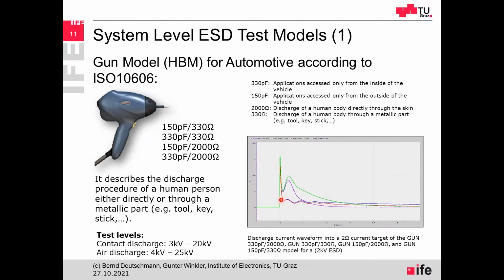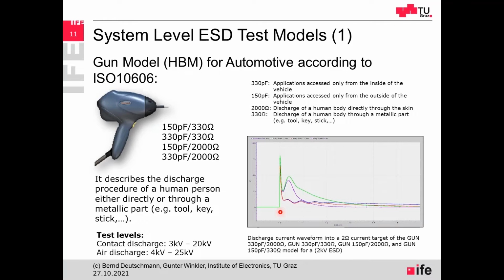And here on the picture, you can see different discharge waveforms. And if you compare these waveforms to the HBM waveform on the IC level that I've shown you before, you can see significant differences in the discharge waveforms.